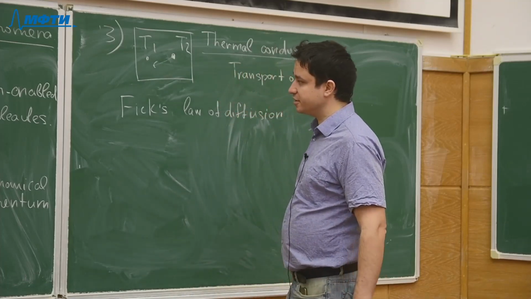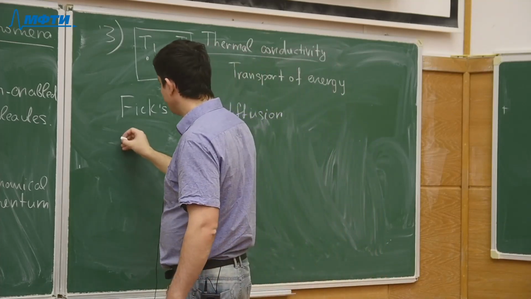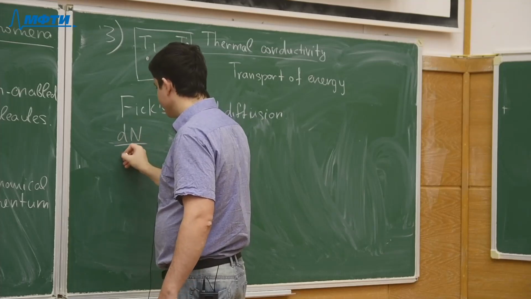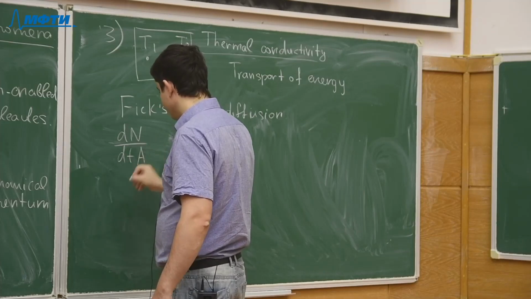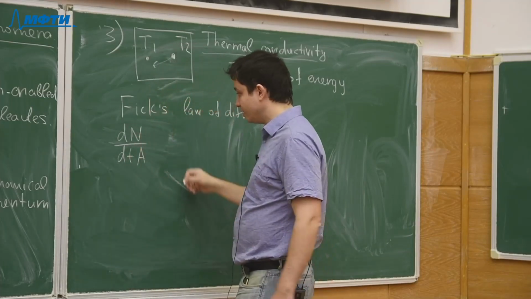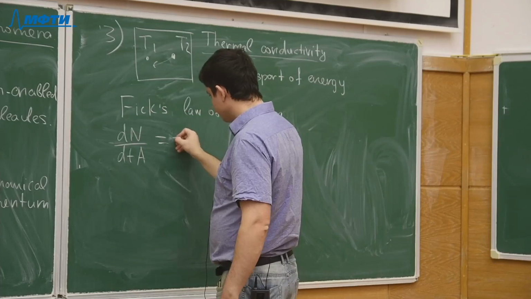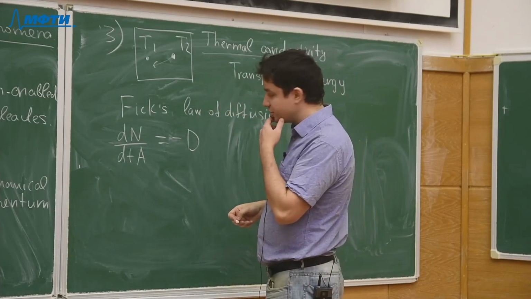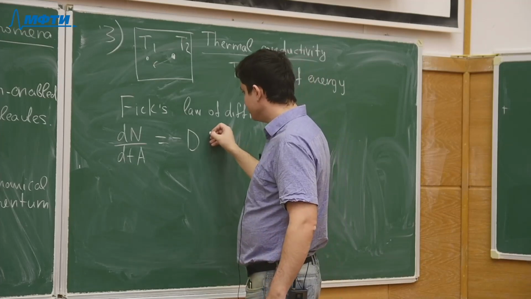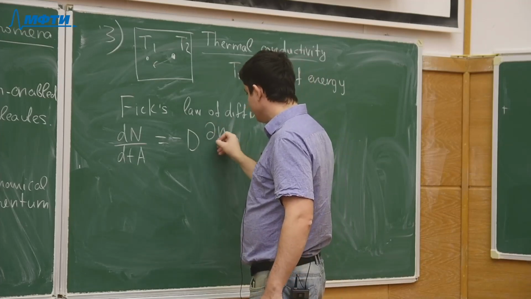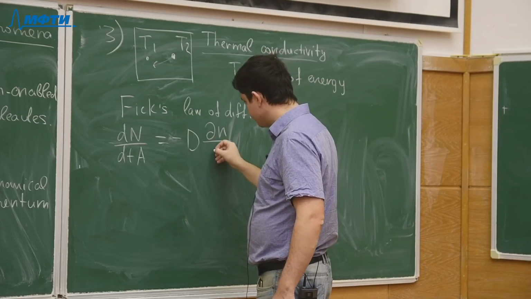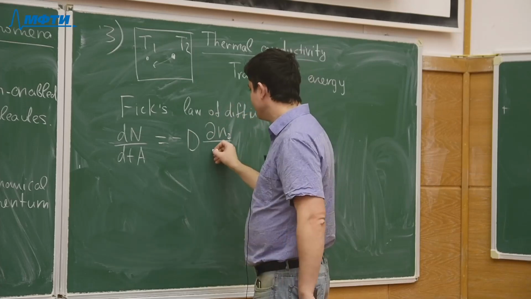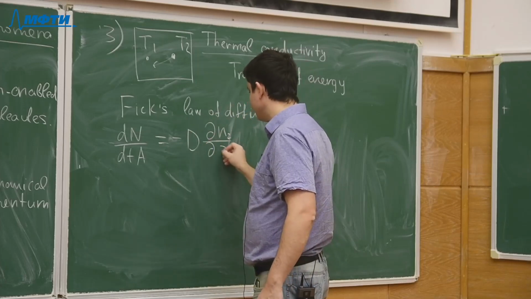So it says that the transport rate of molecules per unit of time, per unit of some area, is equal to minus the so-called diffusion coefficient. And if I write this in one dimension, then I would write just the gradient of the concentration as the partial derivative of the concentration of the molecules of type 2 over this z coordinate.